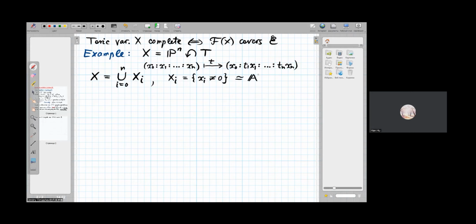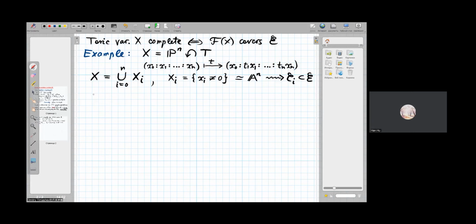It is isomorphic to the n-dimensional affine space. And this affine toric subvariety, which is also simple, as we stated before, gives rise to a cone Ci in the vector space E. Let us describe this cone.